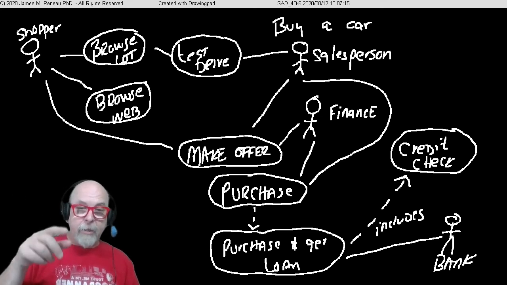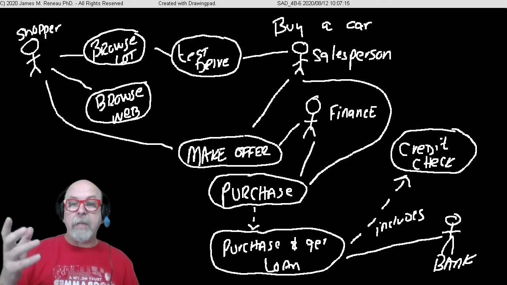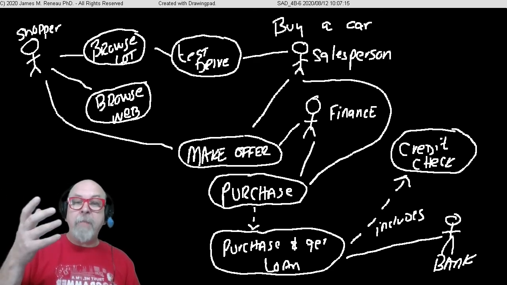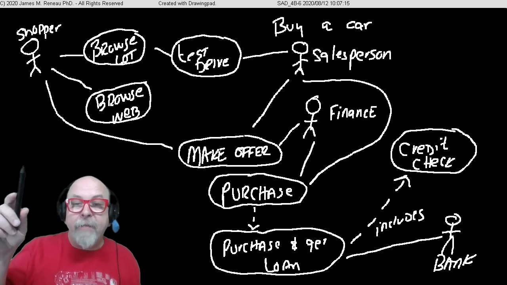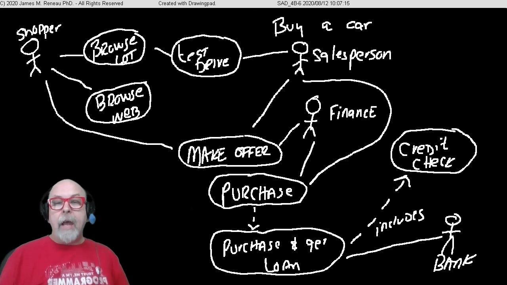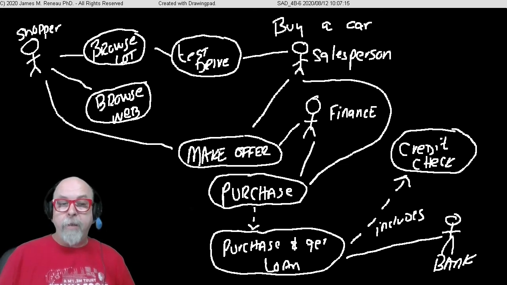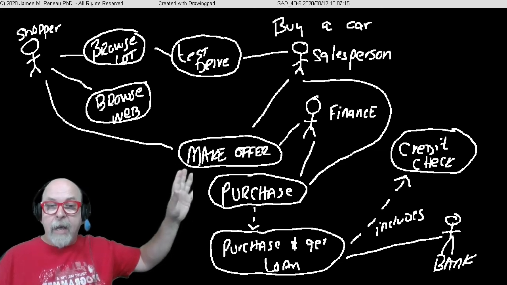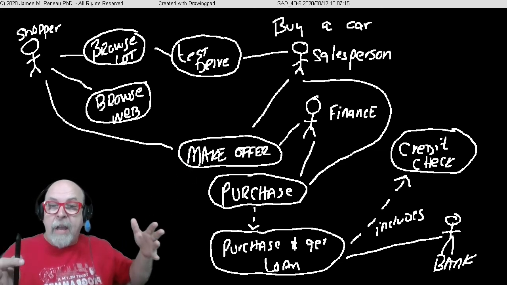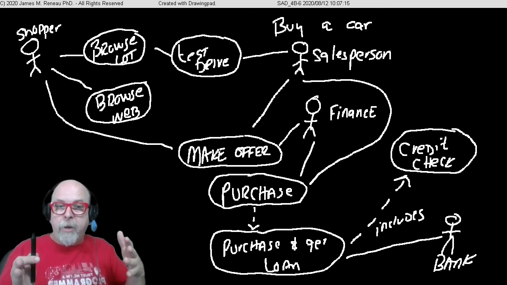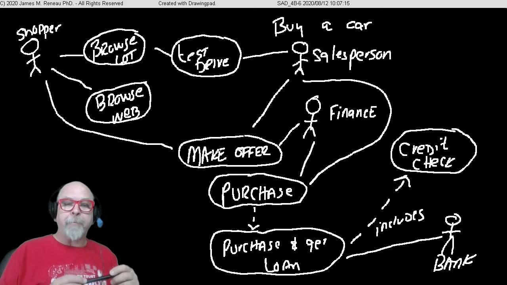And you negotiate through that make offer process with your salesman, the finance person, and your shopper. Once the make offer is done, you purchase. Now, I probably should have an arrow from shopper down to purchase because that's important. And for the actual part of the purchase, the salesman goes away. The salesman's actually not even in the room because you're in the room with the finance person who's doing the financial paperwork and all of that to purchase the car.